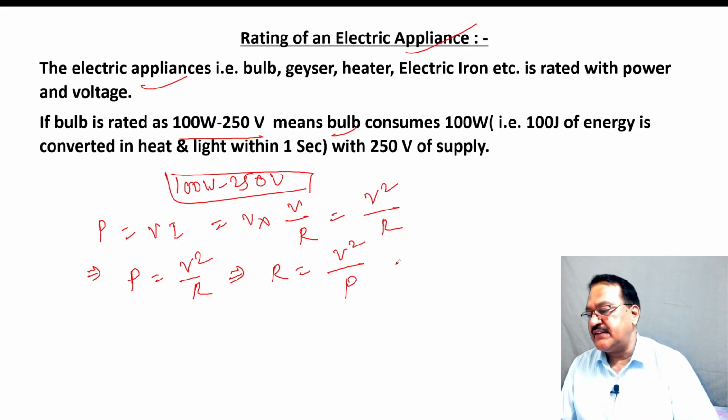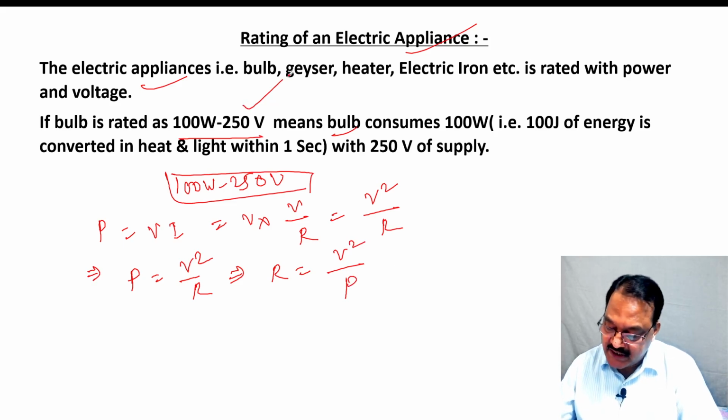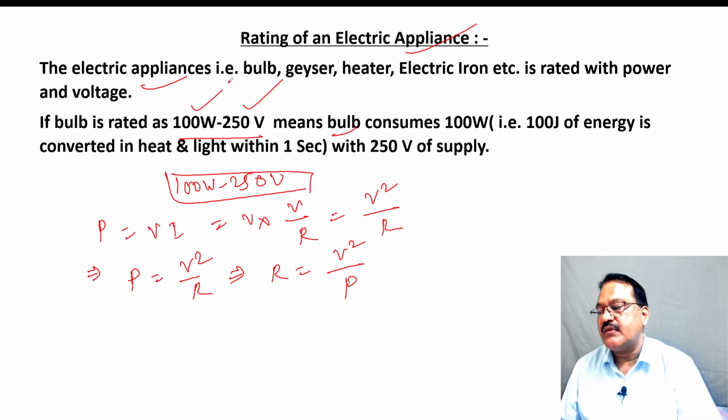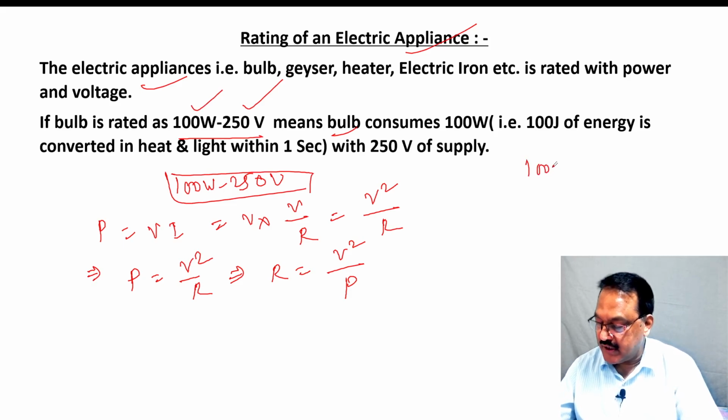Why have I written like this? Because V is given for this bulb, and the power is also given, 100 watt. This is the power of the bulb.